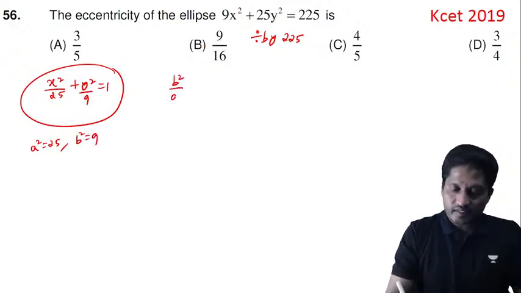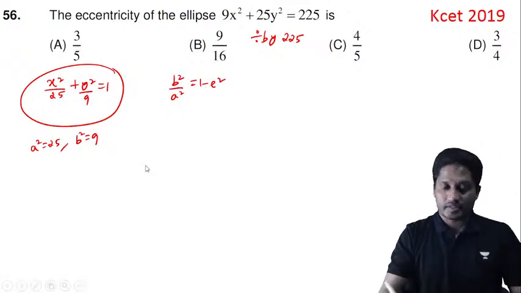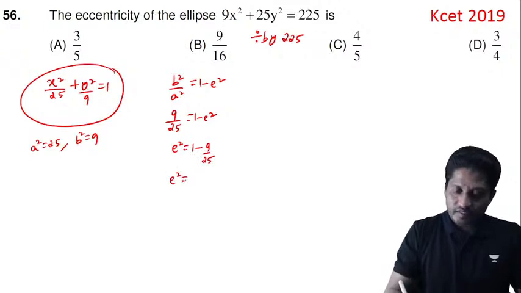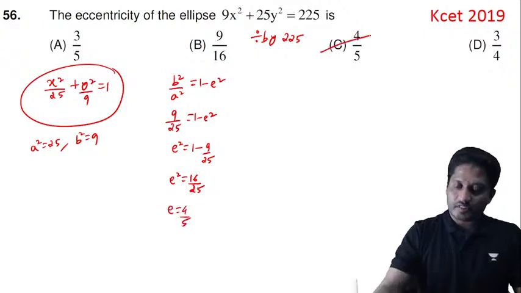For an ellipse, b square by a square is equal to 1 minus e square, right? So 9 by 25 is equal to 1 minus e square. e square is 1 minus 9 by 25, e square is 16 by 25, and then e is equal to 4 by 5. Answer is option C. Let's move to the next question.